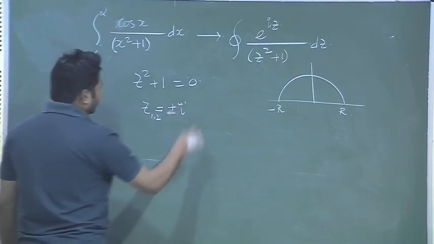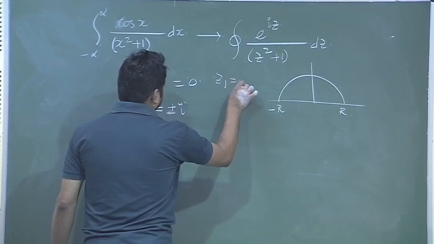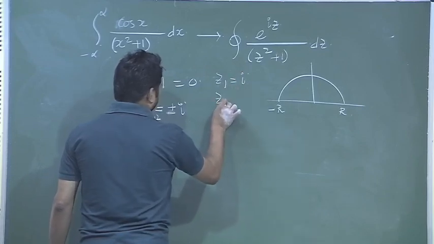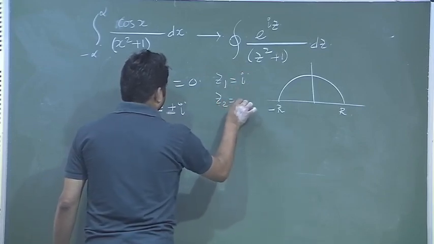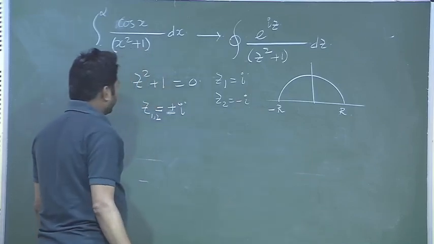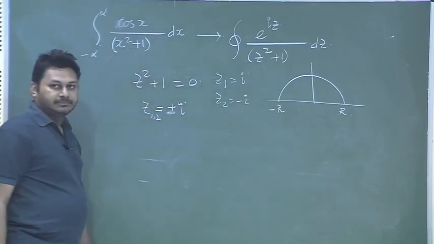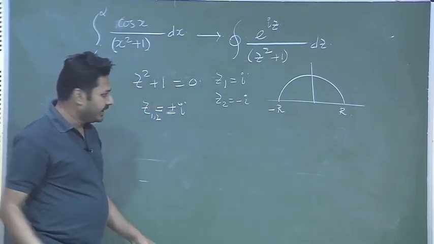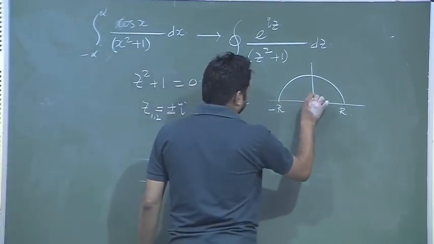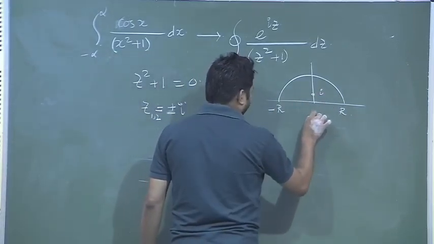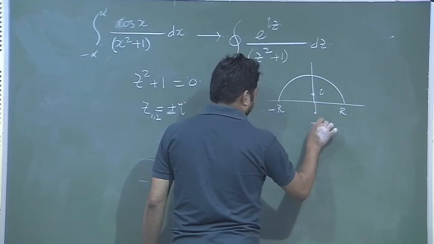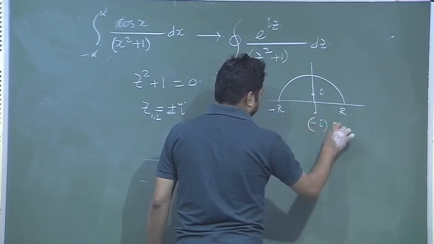One pole is at z1 equal to i, another is z2 equal to minus i. So, one point is here, i is here, and minus i is here. So, minus i is outside.